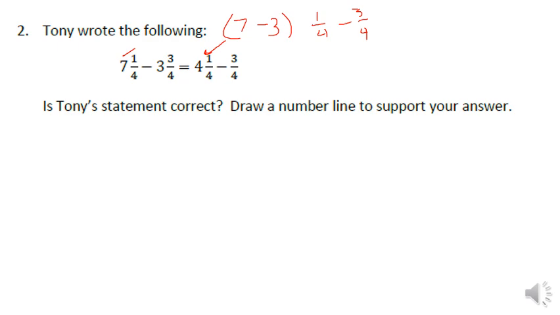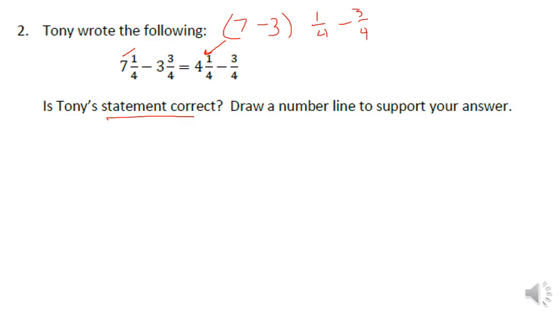Well, it's true, but it's not solved all the way. But remember, it just says, is the statement correct? And it is correct, because 7 minus 3 would be 4, and then you'd have 1/4 minus 3/4 left.